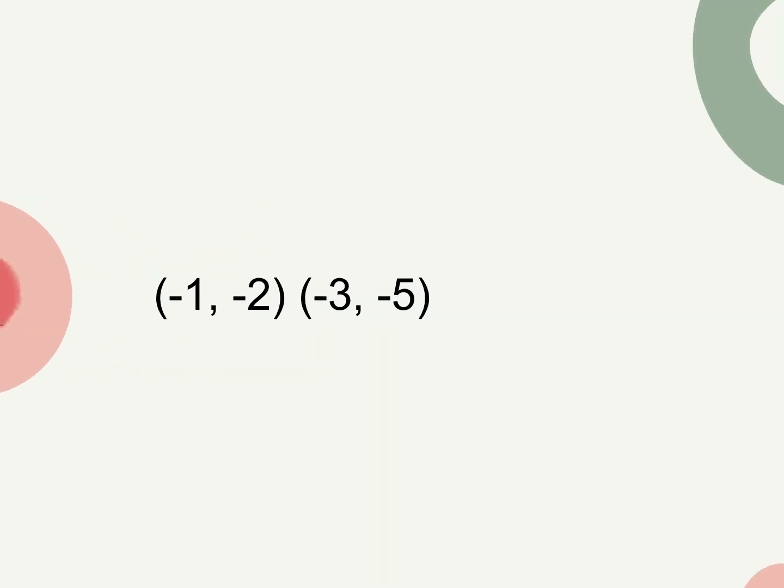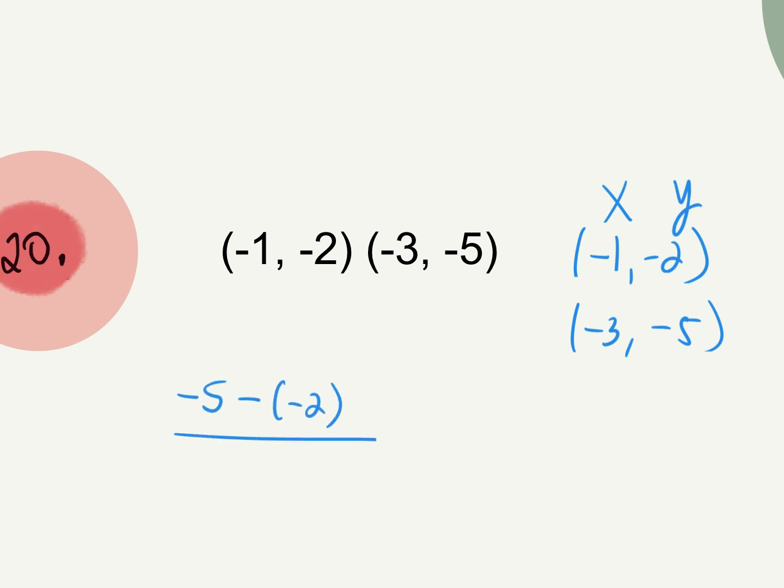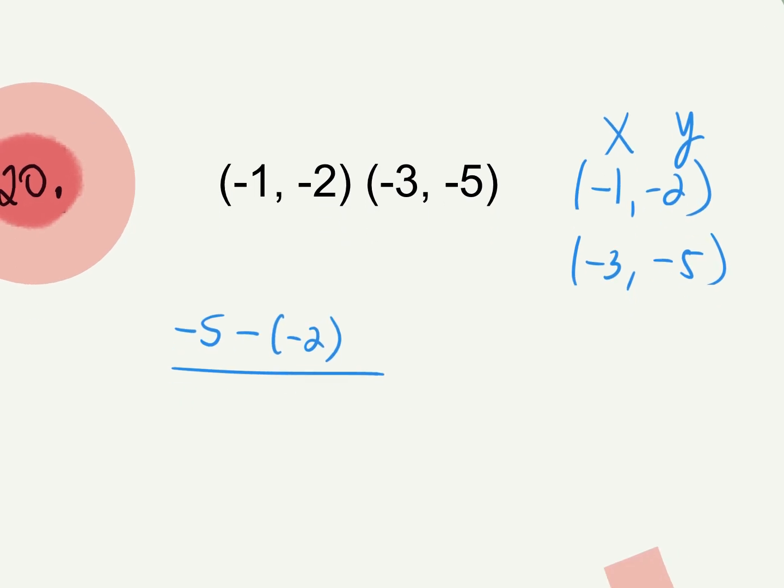All right, we're finding the slope again. So negative 1, negative 2, negative 3, and negative 5. This is my x, this is my y. What do y'all want to start with? Negative 5. So negative 5 minus negative 2. Watch your signs. If I start with negative 5 in the numerator, what do I start with in the denominator? Negative 3.